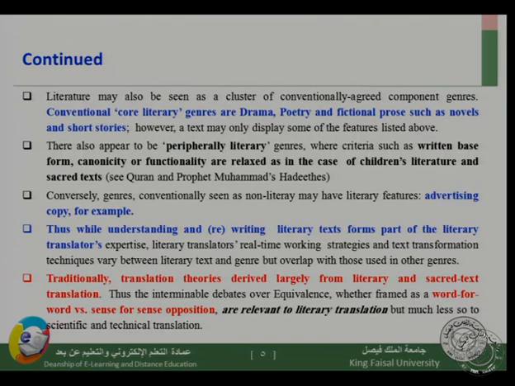The theory about literary text translation has been derived from the translation of sacred texts. So you need to be aware of these texts. Now, the most debatable issue in translation is the concept of equivalence in translation.